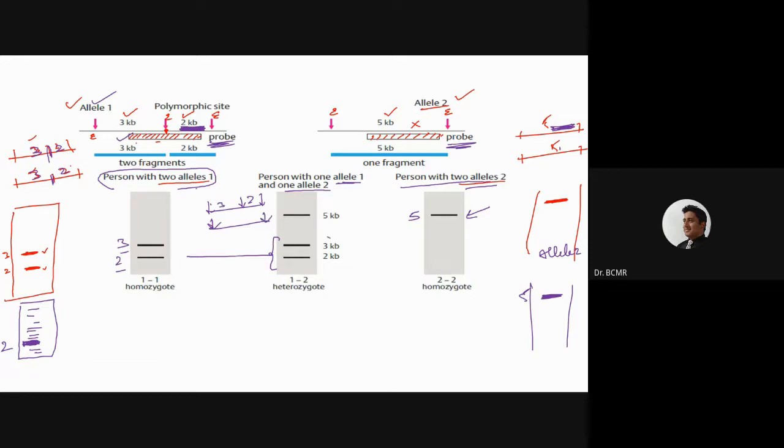So the two bands here at 2 kb and 3 kb are formed from the top allele, and the 5 kb fragment or band would have been visible from here. Okay, it is the same as what we have discussed with genotyping. There are simple, nice ways to look at them. Okay, do you have any questions here?